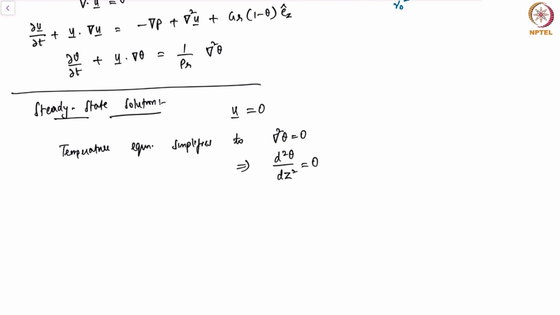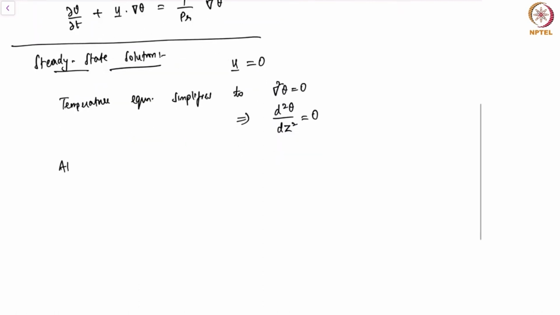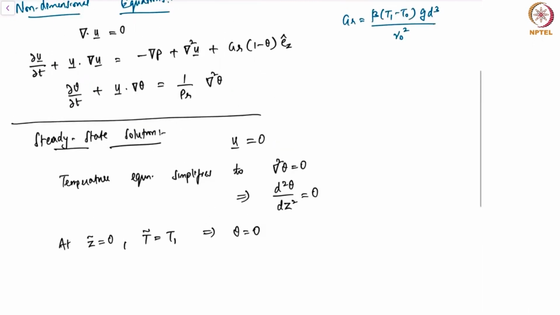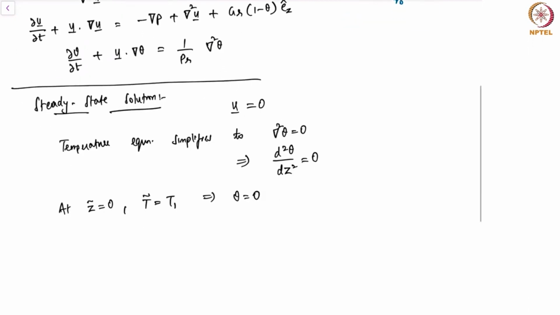Now we need two boundary conditions. Recall that the dimensional temperature at the bottom was T1, and this implies theta is 0. The definition of theta, again, let me write it here on the side: theta is T1 minus T tilde, divided by T1 minus T naught.